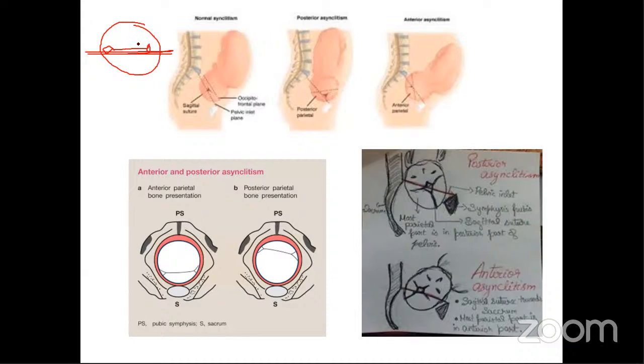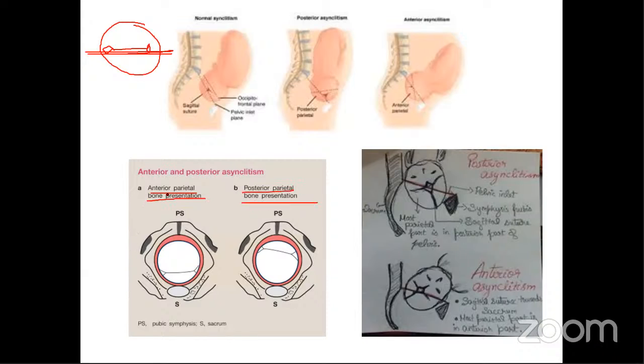If there is a deviation from this, where the fetal head engages in asynclitism, then we call it asynclitism. Asynclitism can be of two types: anterior parietal bone presentation or posterior parietal bone presentation.